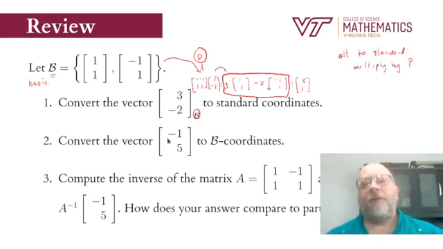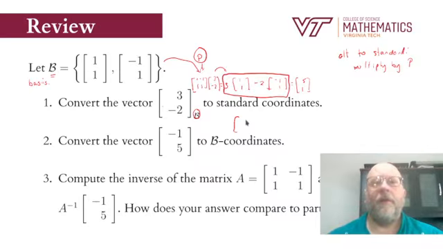So if we want to convert this vector into B coordinates, now this is the standard vector, we can't do this by multiplying by P. One way we can solve this is to find out how many copies of the B vectors are needed to make (-1, 5).